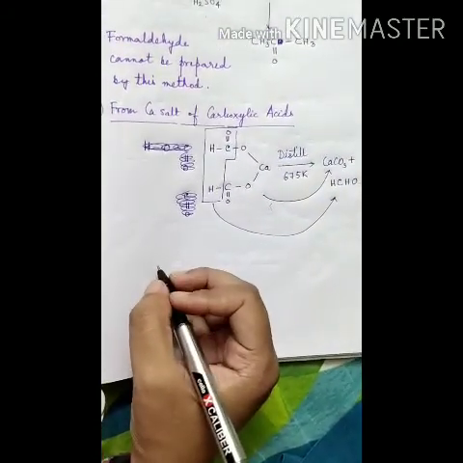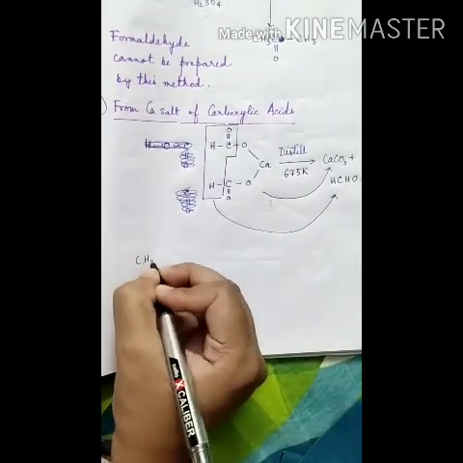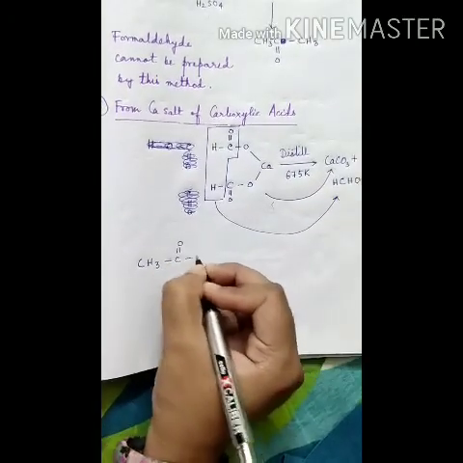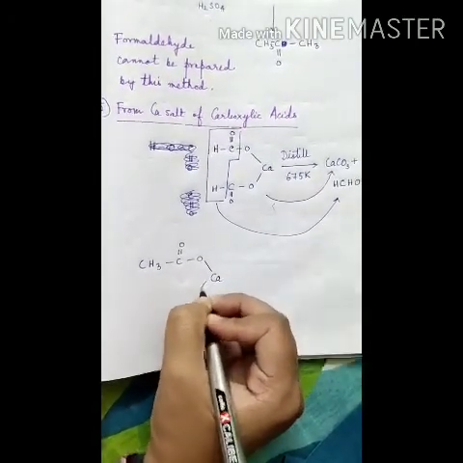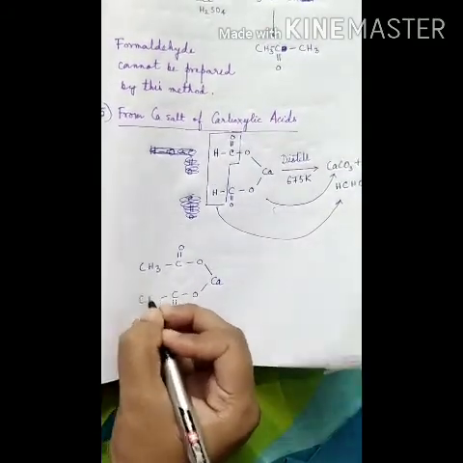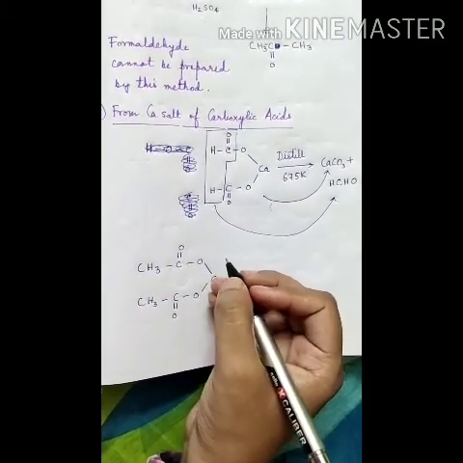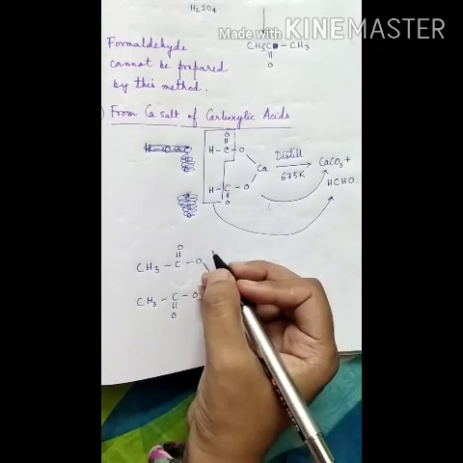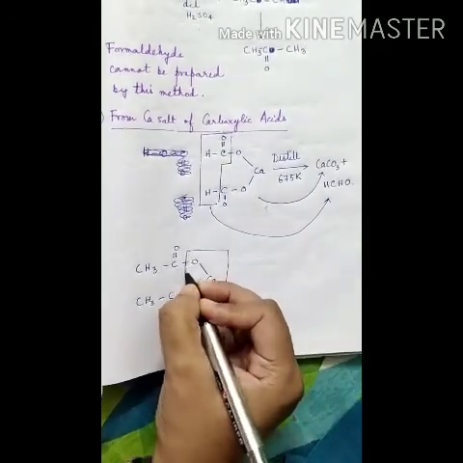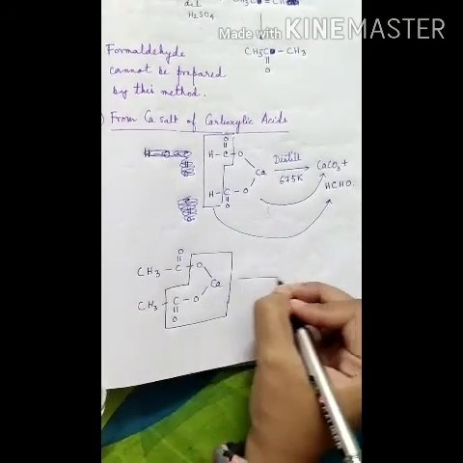Again let me distill calcium acetate. Similarly, if we distill calcium acetate, what will we get? Let us see. Similarly, if we separate out CaCO3, this is our CaCO3.